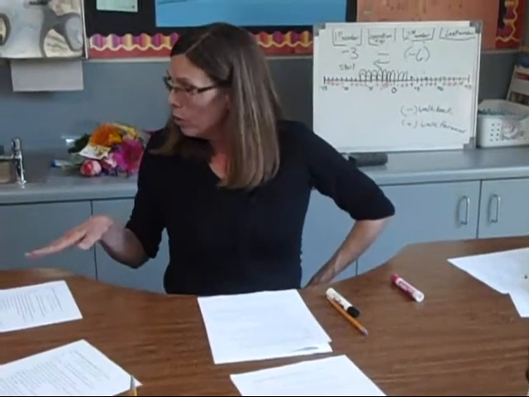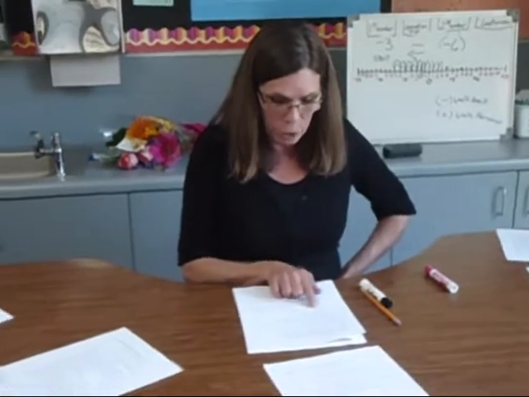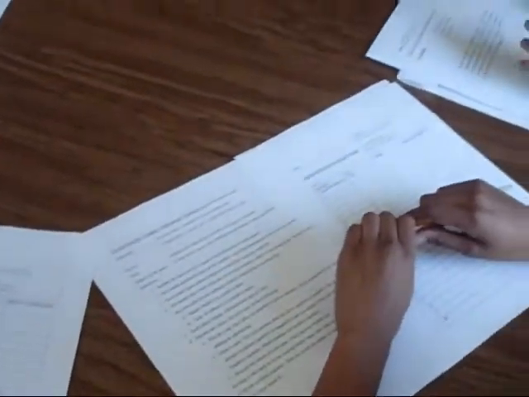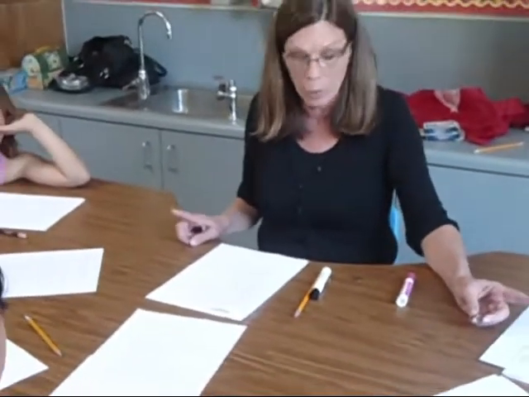Each of you are going to start with $10 in your business. Can you see that on there? So you're going to take turns to do the following. One person will flip the penny to see if it's going to be addition or subtraction. And then you draw a card to see which way you're going, whether it's a credit or a debit.